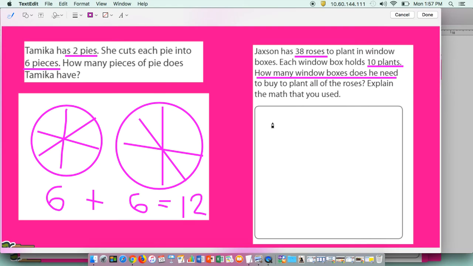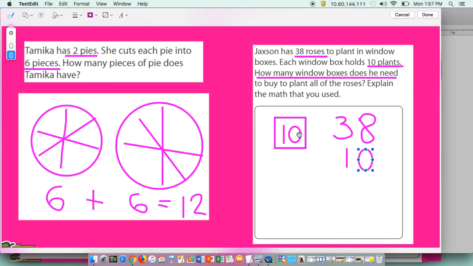So I'm going to draw one window box here, and one window box holds 10 plants. I have 38 roses. What I'm going to do is repeated subtraction. So I'm going to subtract 10, which is the one box.